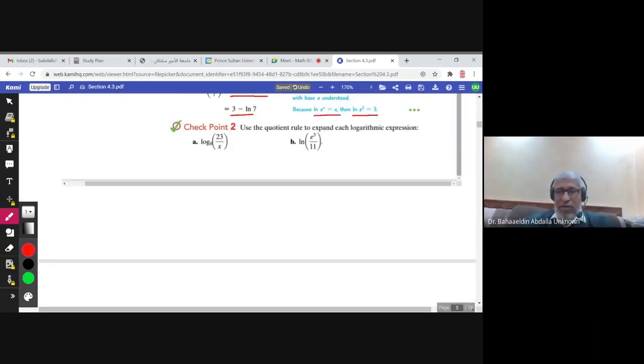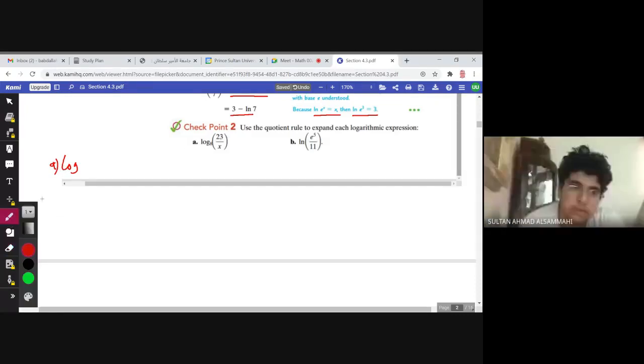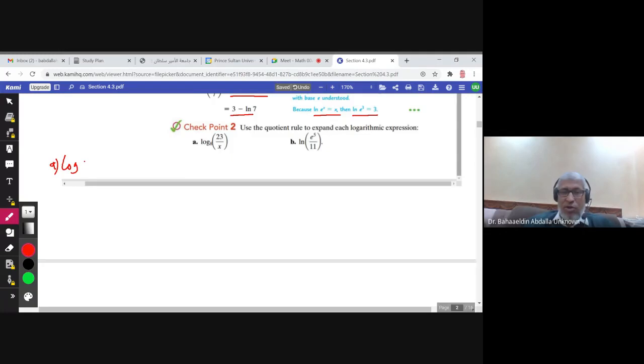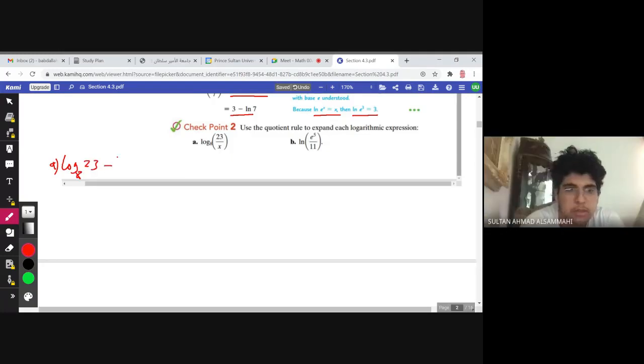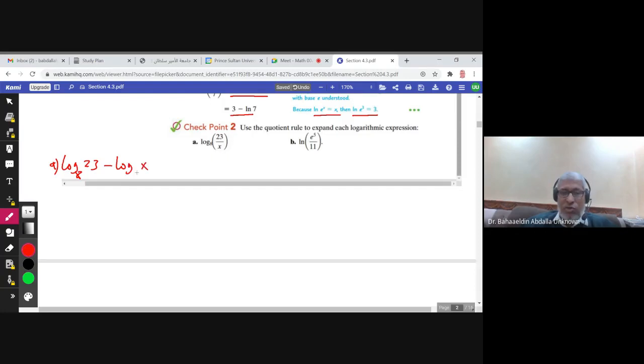Let us solve these two questions. Part A, I have log 23 over x to the base 8. So it would be log 23 to the base 8 minus log x to the base 8. Part B, it would be ln e to the power 5 minus ln 11.